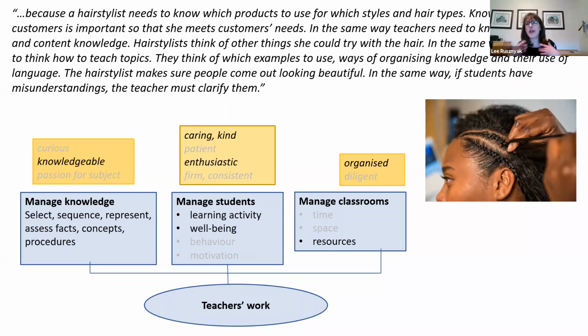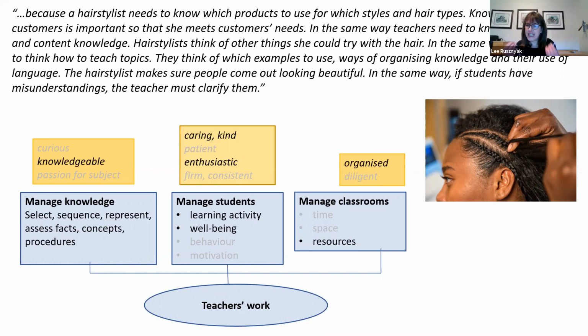In the same way, the teacher needs to know the students and the content. Hairstylists think of other things she could try with the hair. In the same way, teachers need to think about how to teach topics, which examples to use, how to organize knowledge, how to use language. And the hairstylist makes sure people come out looking beautiful. And in the same way, if students have misunderstandings, the teacher must clarify them.